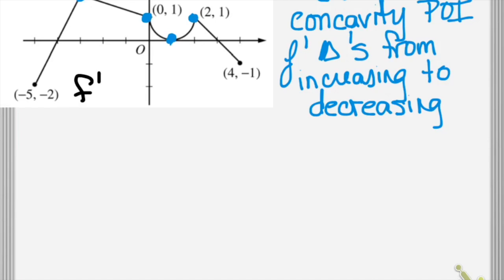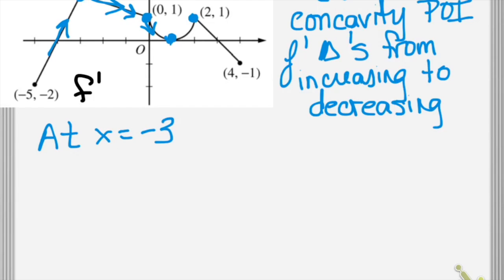So for instance, at x equals -3, your curve is changing from increasing to decreasing. So that's a point of inflection. At 0, it's going from decreasing, but then it stays decreasing on the other side. So it's not a point of inflection.